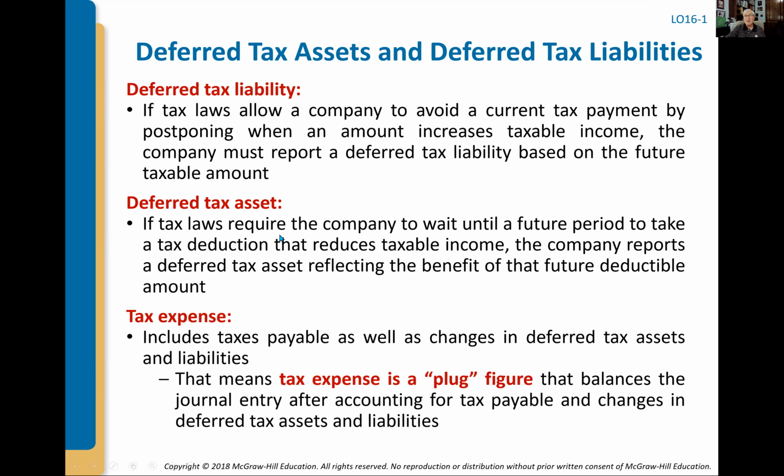We can support that with the differences between book basis and tax basis. And so tax expense is the plug after we've corrected the DTA and DTL. That's the last step of recording the journal entry. We plug whatever debit needs to go into that journal entry after we've corrected the DTAs and DTLs, and you'll see this.